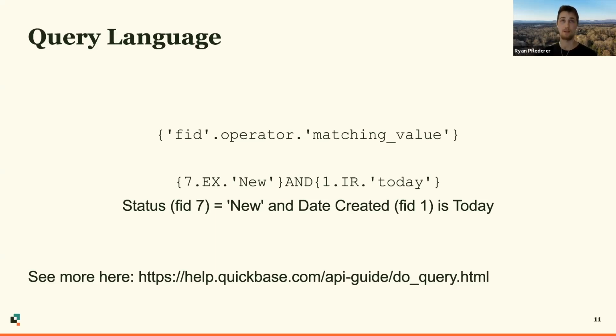So the example here, we've got 7 equals new. So in this case, status field is field 7 equals new, and the date created is today. So we can see right there above what the query language syntax would be, and then right below what that actually equates to in normal English.